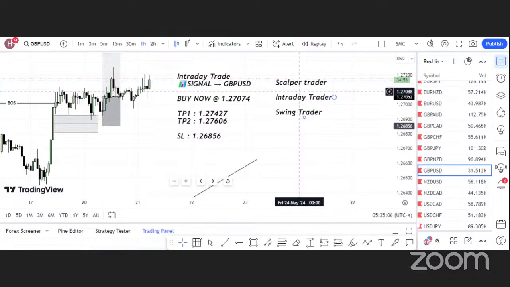Then the intraday trade is supposed to last for a day, or hold within 24 hours. Now, if the trade lasts more than 24 hours, the trade becomes a swing trade, because the trade is not an intraday trade anymore. The trade is now a swing trade.